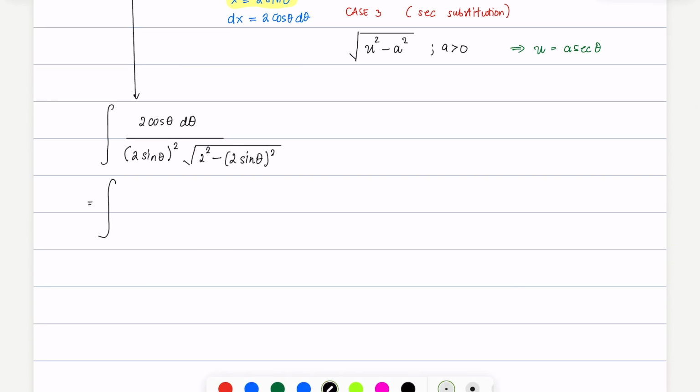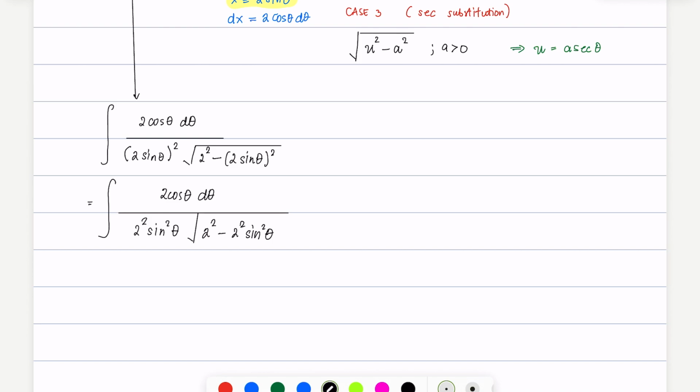So I'm going to simplify this by dealing with the denominator. I'm just going to copy the numerator, and the denominator will become 2 squared sine squared theta. In our radicand, we have 2 squared minus 2 squared sine squared theta.